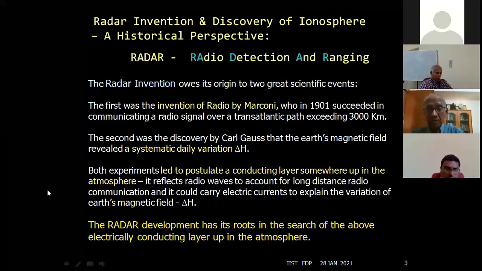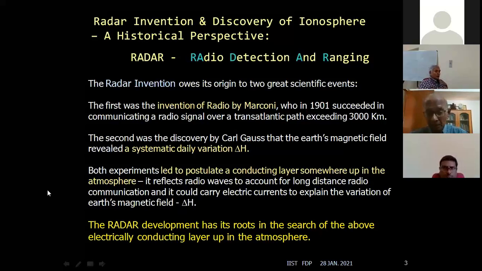So these two events, that is the invention of the radio and the discovery of a daily variation of the horizontal component of the magnetic field, both suggest that there is a conducting layer up in the atmosphere. First, to reflect the radio waves, and the other, to allow the currents to flow to account for the variation of the magnetic field.